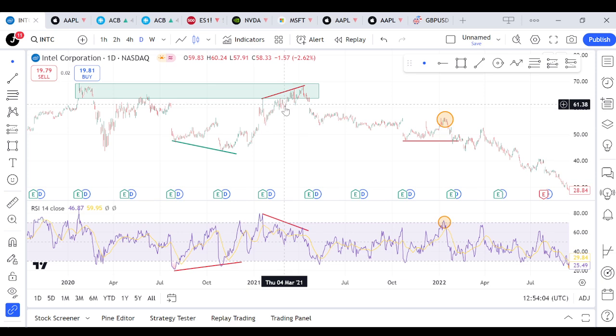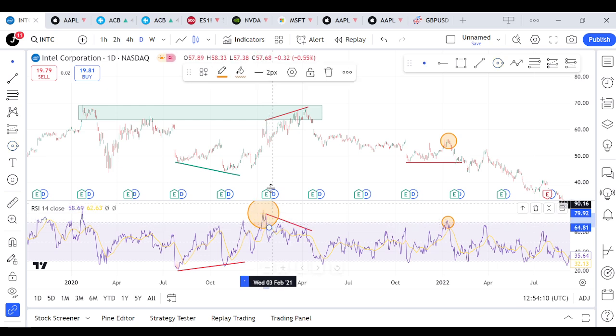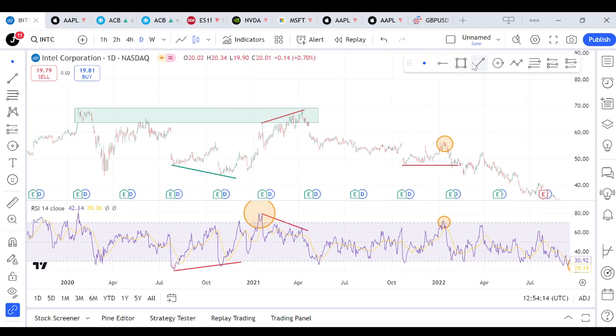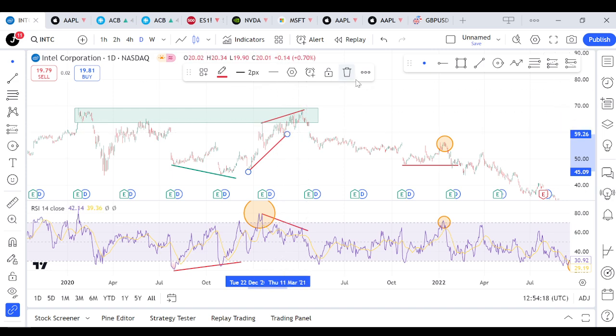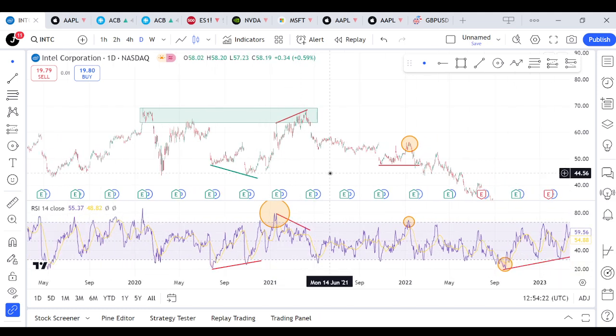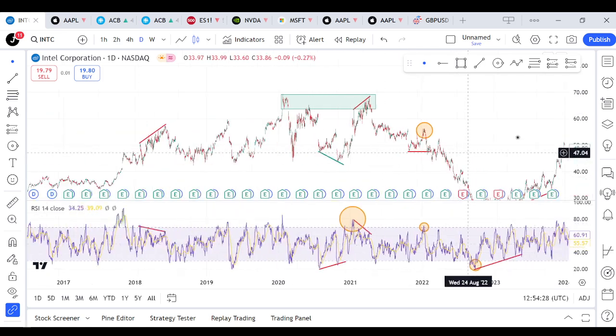So you can see at the same time we had price being overbought around this area, signaling that the bullish trend here is coming to an end and we should be looking for a bearish trend. We also have that coupled with a bearish divergence, which confirms our trend reversal to the bearish side.